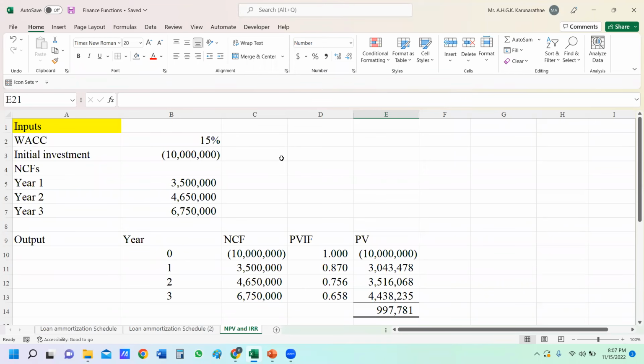Let's see how to compute net present value with the manual approach, without the financial function. So this is the information relevant to a particular simple business project.